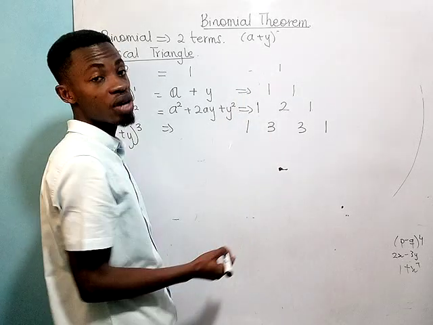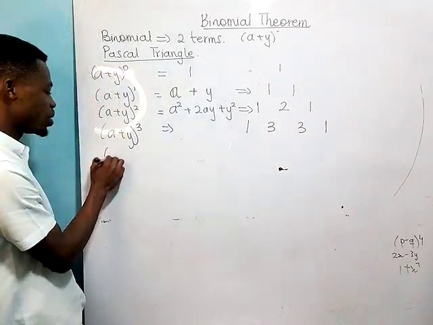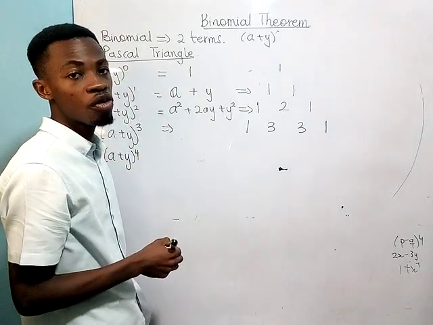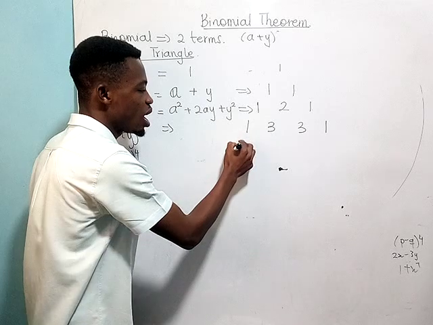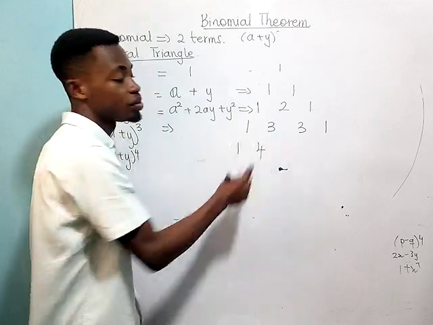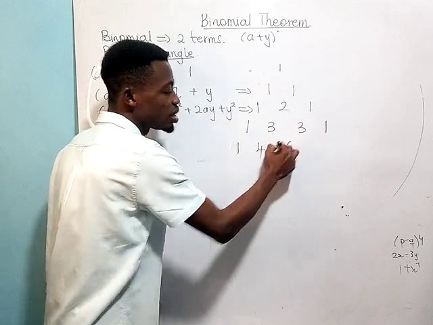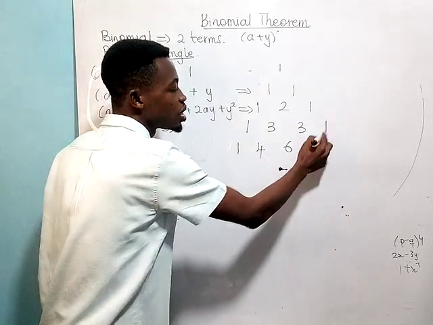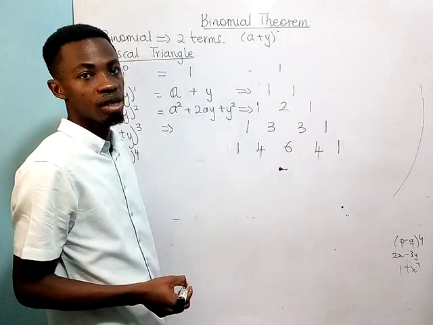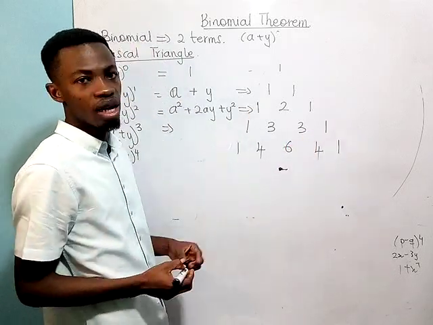And this is the Pascal triangle. Let's pick another one. A plus y to the power 4. 1 is repeated. 1 plus 3 is summed up. 3 plus 3 is also summed, giving us 6. 3 plus 1 is summed up, giving us 4. Then this one is repeated. So this is the Pascal triangle.